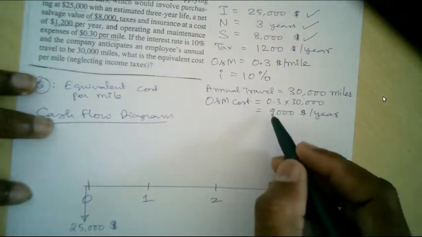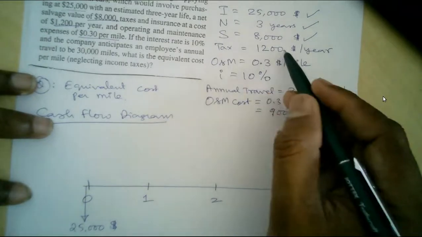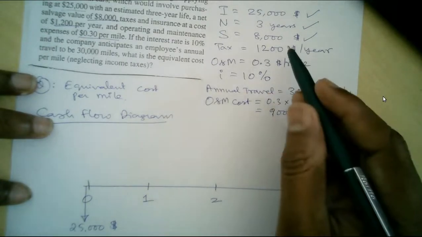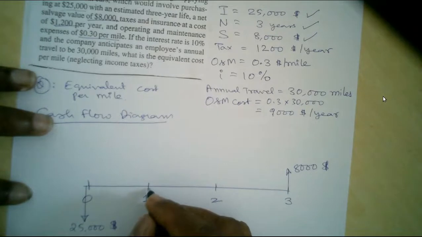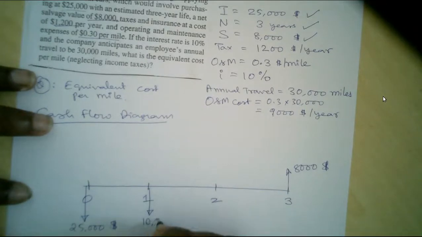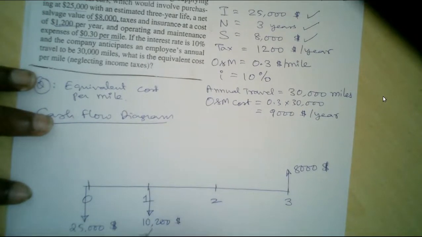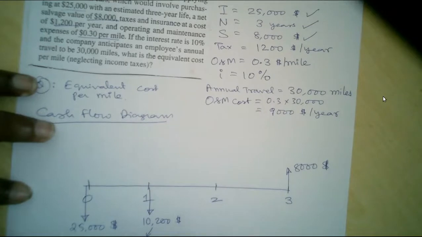So the total cost per year will be 9,000 plus 1,200, so $10,200. Here in the first year, $10,200. This is 9,000 for O&M plus 1,200 for taxes and insurance.